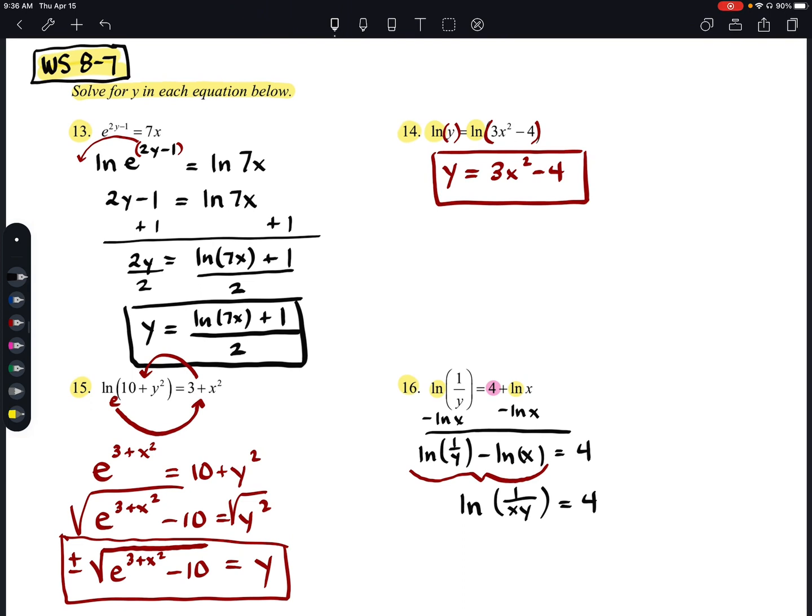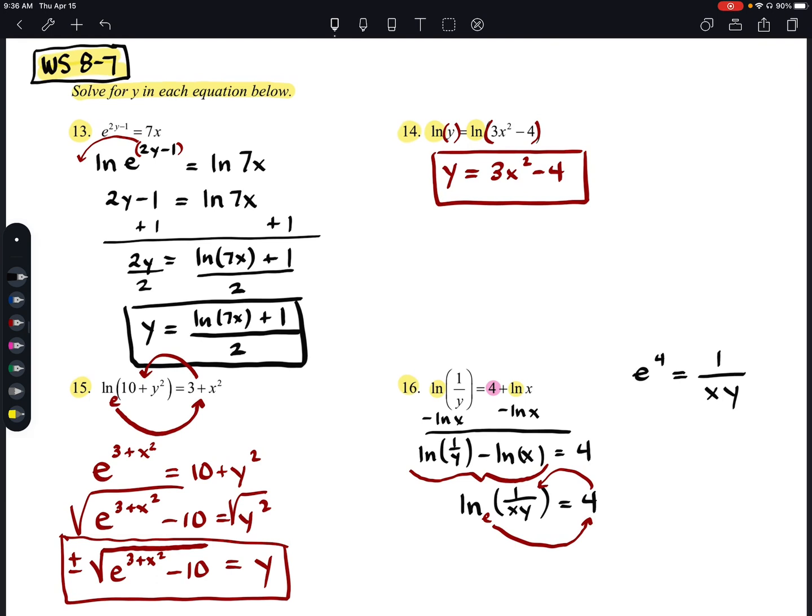And now that we have this log equation down to a single log, we can rewrite it in exponential form. Remember, it's base e, so e to the power of 4 should equal 1 over xy.